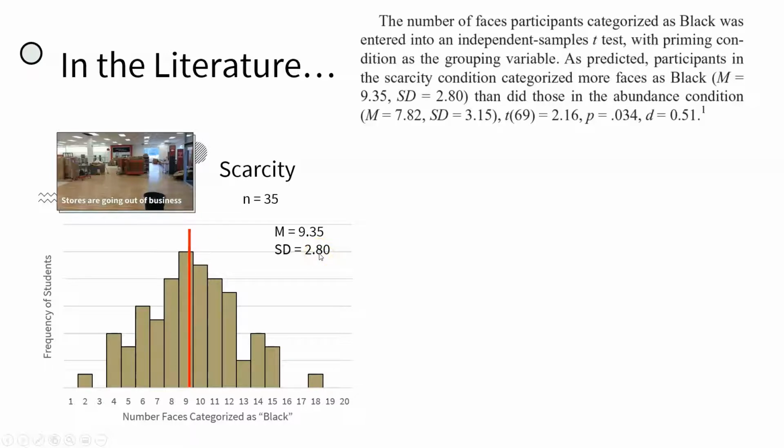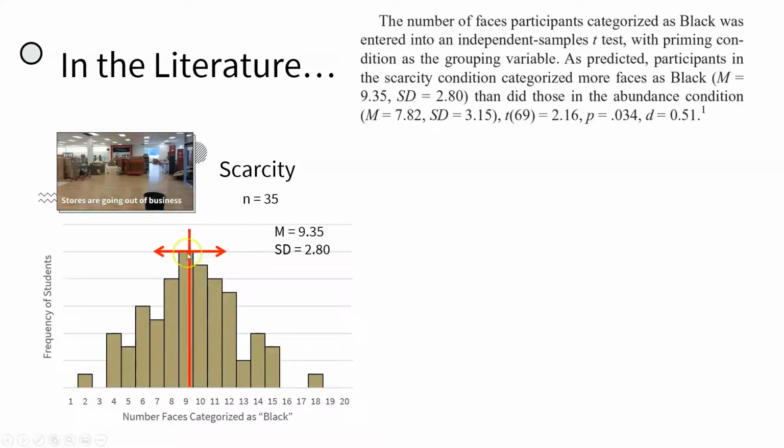The way that we would typically represent that is to draw an arrow to one side and perhaps the other side too, to reflect how far 2.8 points is. So 2.8 above 9.35 is that far, and 2.8 below 9.35 is that far. This is the span of how far typically people are away from the mean of this group.